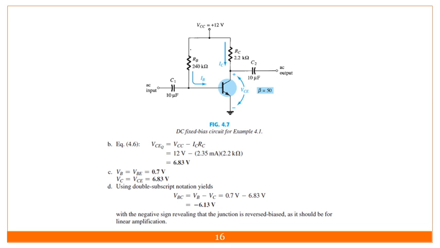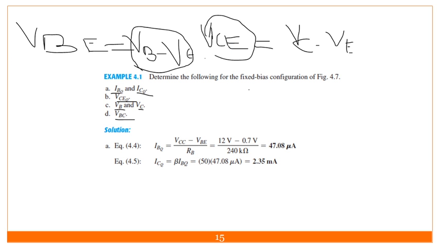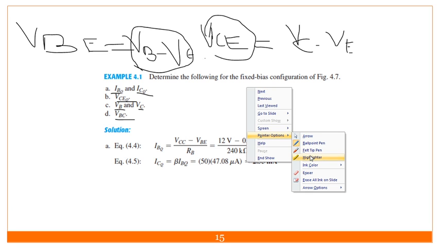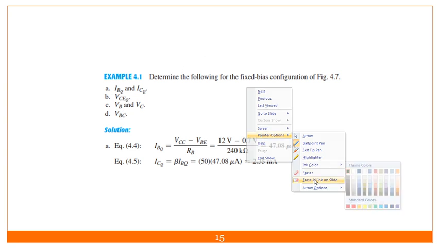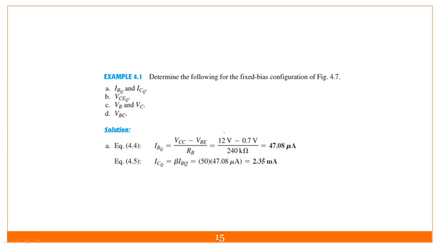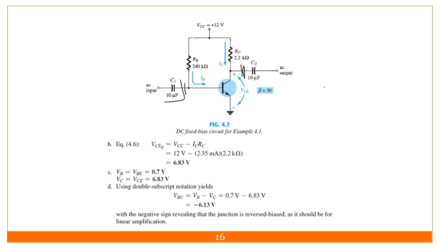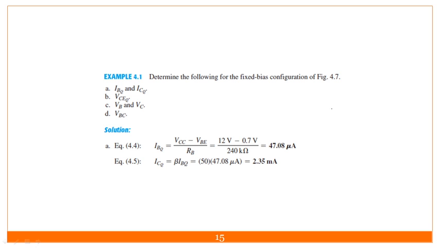For DC analysis, the capacitor will be open circuit, that means just cut off this capacitor from the circuit. Just a minute, I will rub this portion for you. I am redrawing the circuit once again. This circuit will be like this.